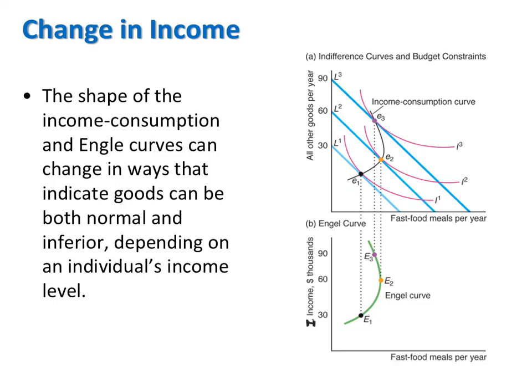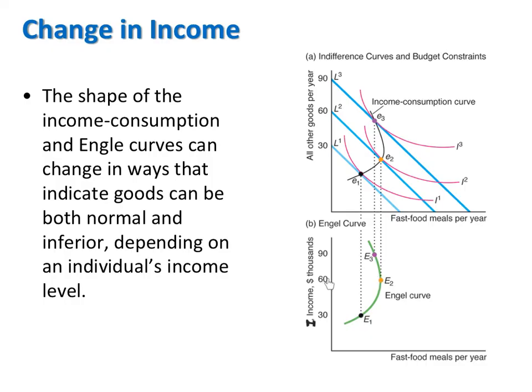The corresponding Engel curve for fast food would then bend backwards. Initially, as income on the y-axis increases, fast food consumption on the x-axis increases too. That's a positive relationship, resulting in an upward sloping Engel curve, reflecting that fast food is a normal good.